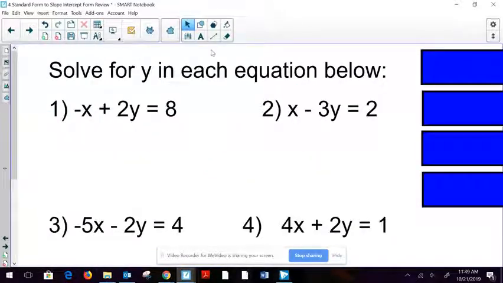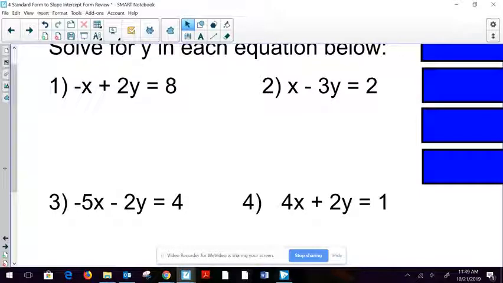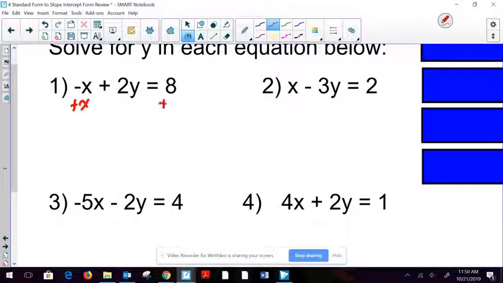Okay, so let's look at number 1. I have negative x plus 2y is equal to 8. In order to move that negative x to the other side, I'm going to add or subtract it. Well, because it's negative, I'm going to add x to both sides. So I have 2y is equal to x plus 8.